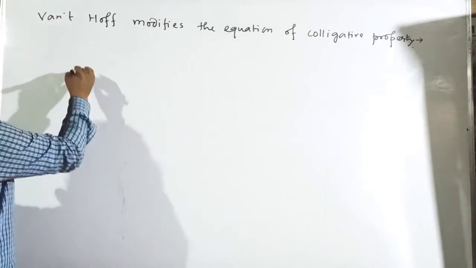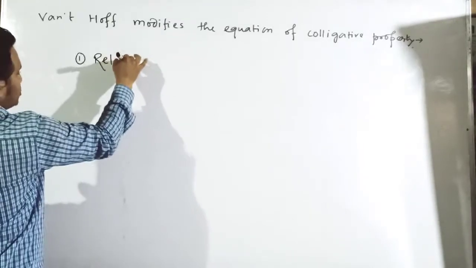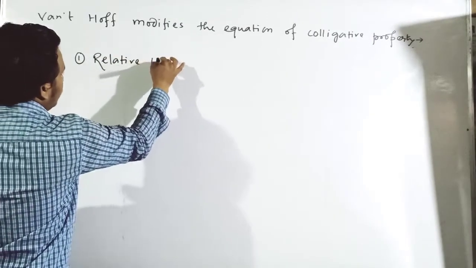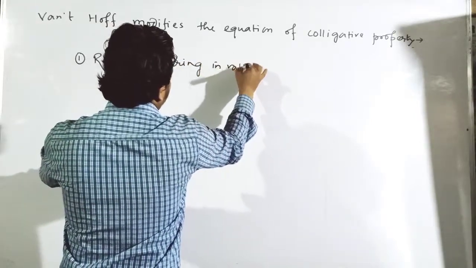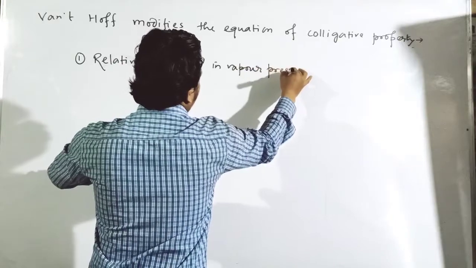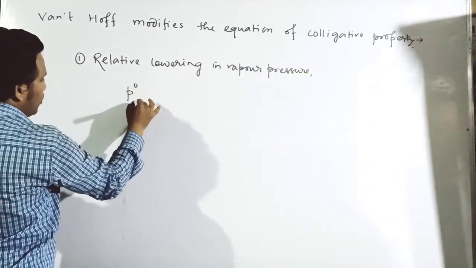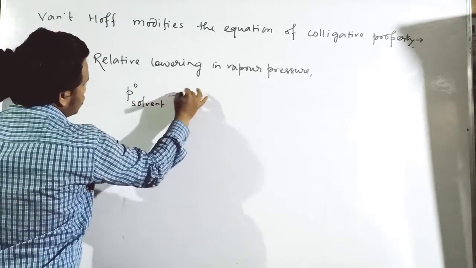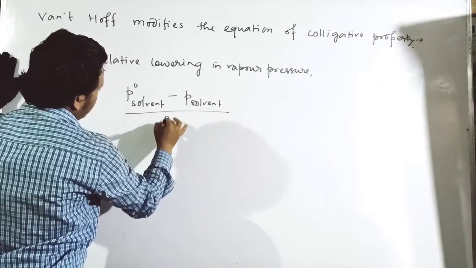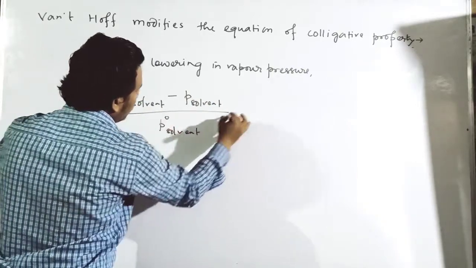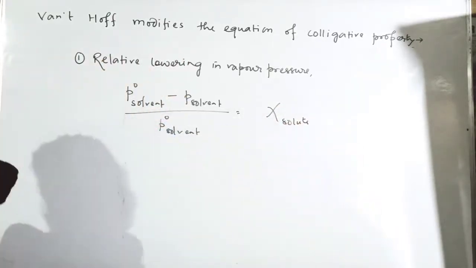The first colligative property was relative lowering in vapor pressure. What was the formula? P naught solvent minus P solvent by P naught solvent is equal to the mole fraction of solute. This we have proved already.